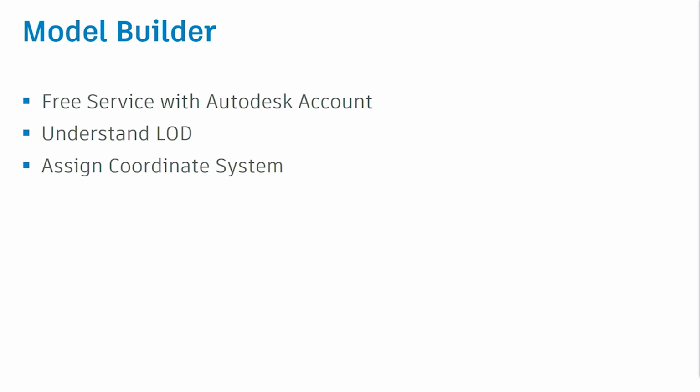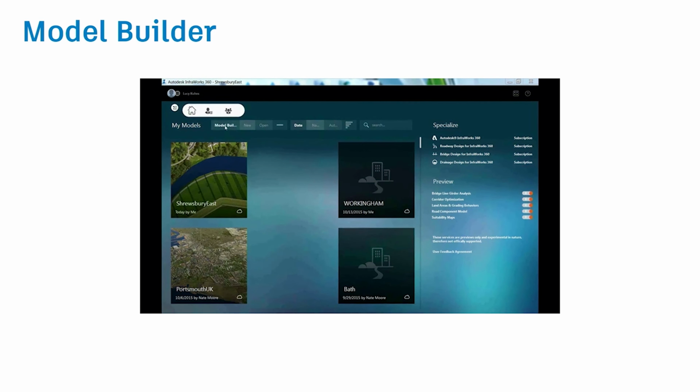I don't think our video is going to show this, but we're able to go on the map of the entire world, and you're able to block out an area visually, or if you do have real coordinates, you can get those via a shape file as the limits. And in Model Builder, it's going to go and create a base map for you.